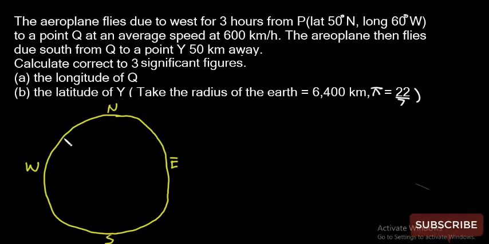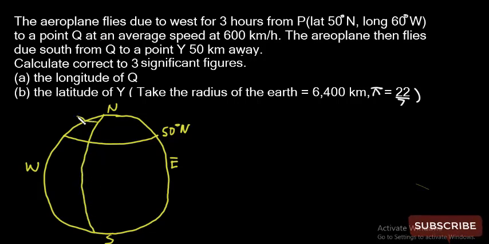We're told that the first position is at 50 degrees north. Then the longitude is at 60 degrees west, so it's going to be in the western zone. We're going to draw that right away. So this is 60 degrees west, and this is point P.